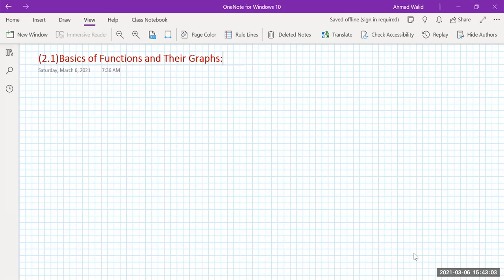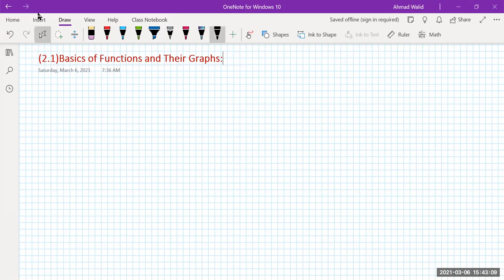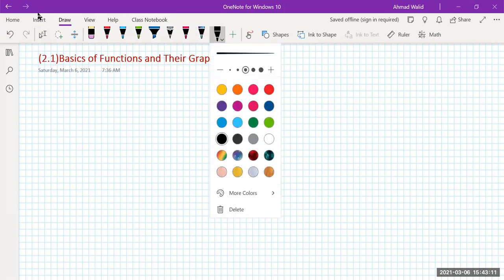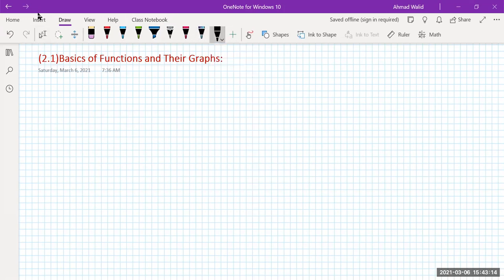Before we start talking about functions, let's remind ourselves about the topics that we studied before. Let me write an equation here in two variables. y equals 2x plus 5.